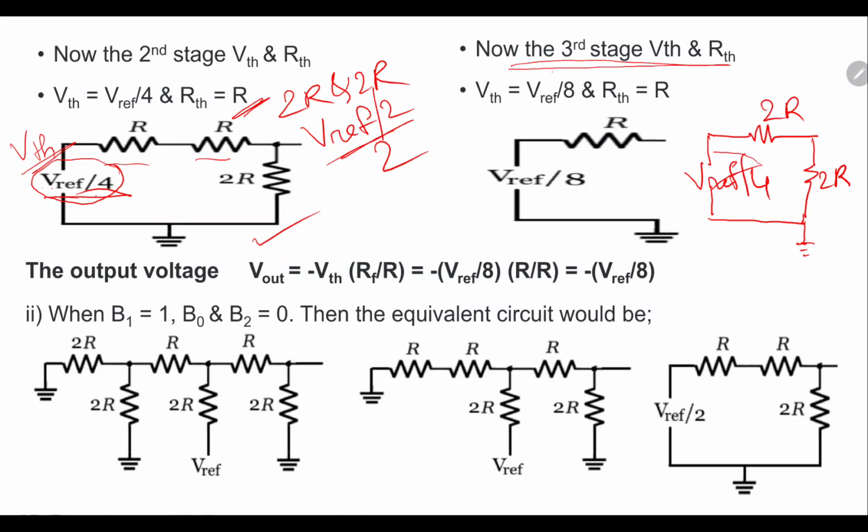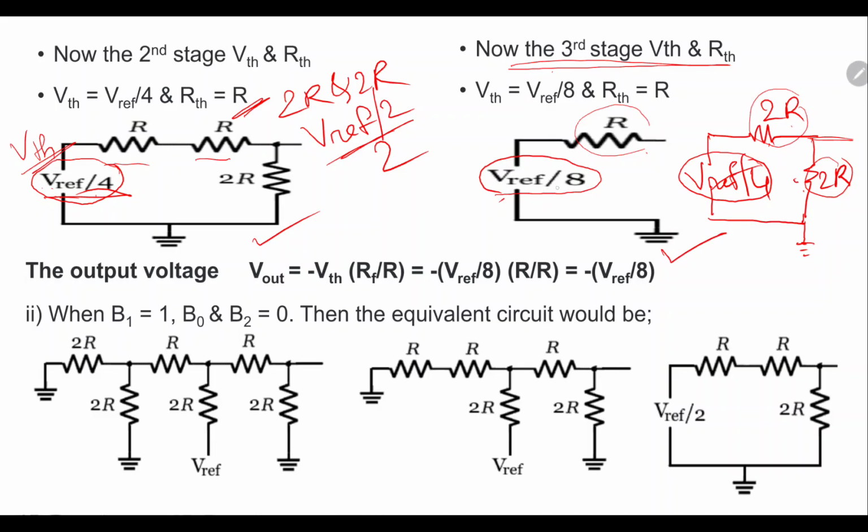So again this V reference by 4 voltage is divided across these two equal resistors. That's why the VTH value is V reference by 8, and these two resistors 2R are connected in parallel, so the equivalent resistance is R. So finally we got this final Thevenin equivalent circuit.